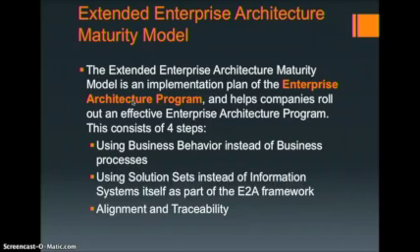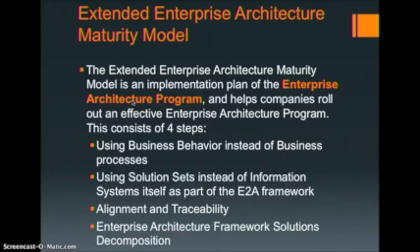This provides a mechanism for mapping business drivers to significant architectural areas that make up the overall enterprise model of the future state. The final step is the enterprise architecture framework solution decomposition. Here, the enterprise architecture is decomposed into business solutions.